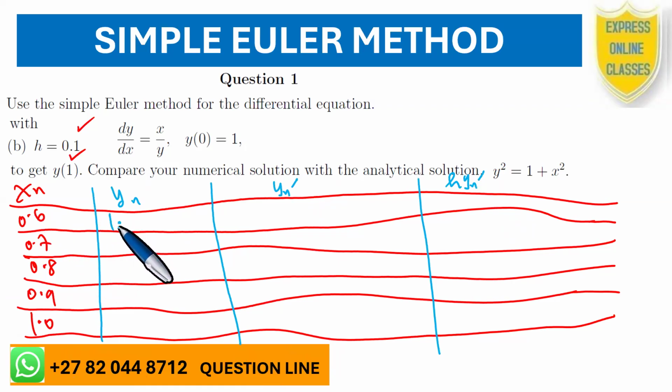1.142 9864. And then the y n prime, 0.52 52.